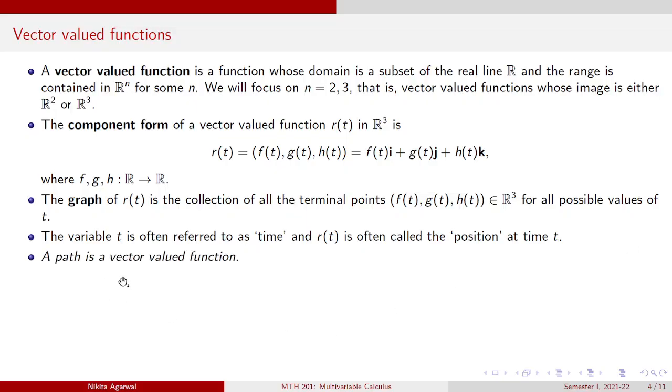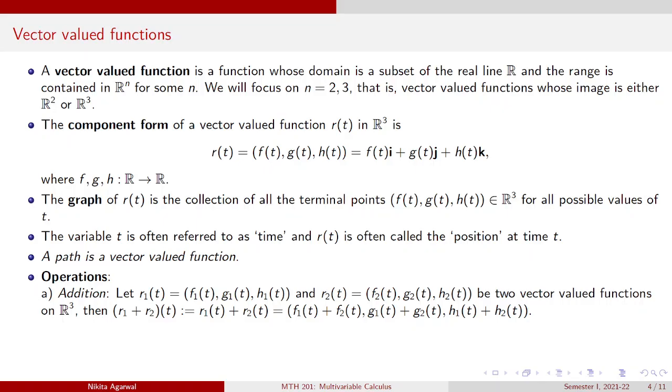Now a path, as we have defined earlier, is a vector valued function, right? Because the path goes from an interval which is sitting inside R to either R2 or R3. So therefore a path is a vector valued function. We can define operations on vector valued functions. The first operation we can define is called addition.